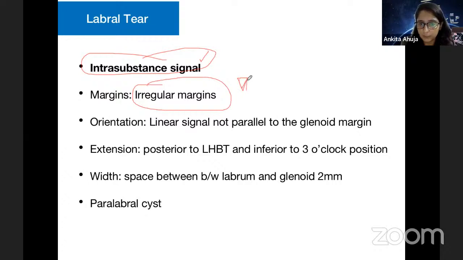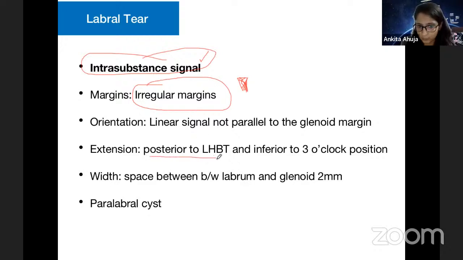If you see a fluid cleft parallel to the glenoid margin, it's a foramen or a recess. But when the fluid cleft enters the labrum or goes in another fashion rather than being parallel to the glenoid margin, that suggests a labral tear.